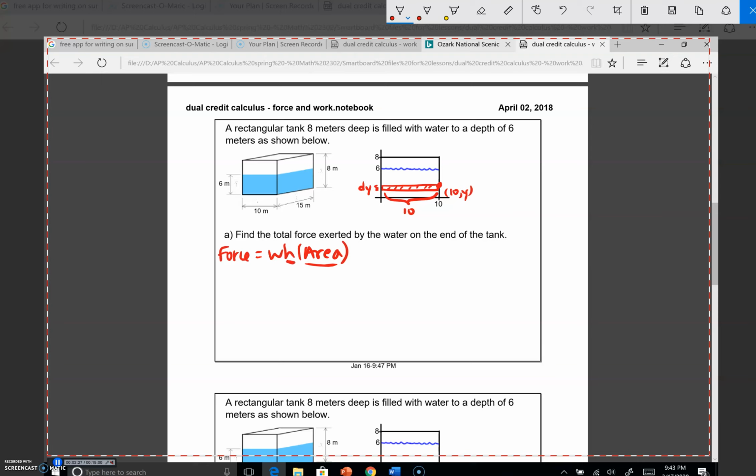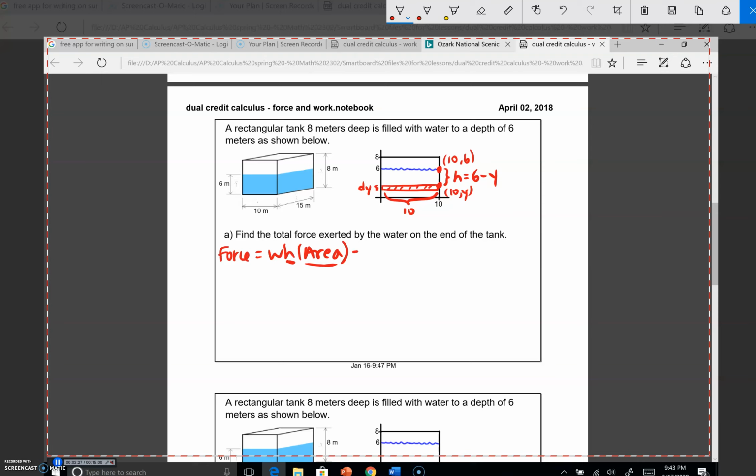I also need to know the depth. And the depth is how far below the surface of the liquid this rectangle is, which means I'm going to need to name this point, which is (10, 6). And so h is our distance here, which, again, remember, anytime we're trying to find the distance between 2 points on a vertical line, we do top y value minus the bottom y value.